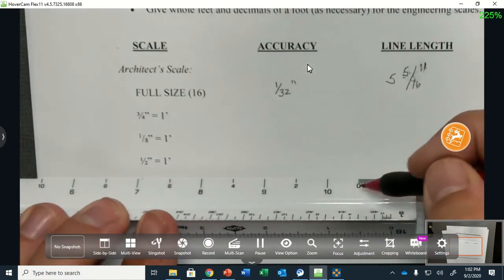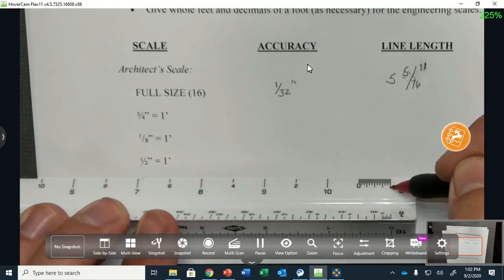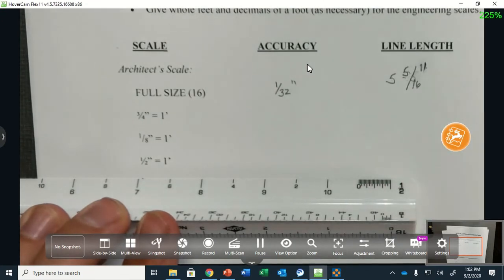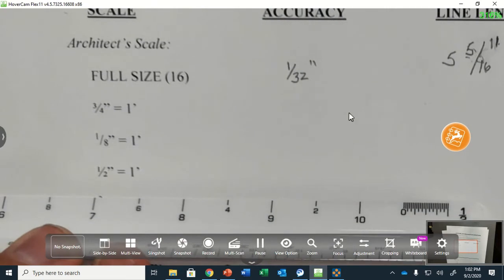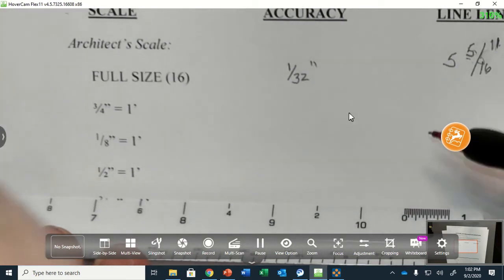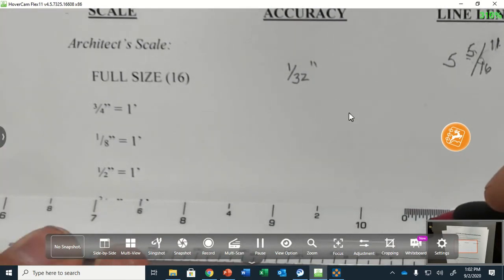From here to here, I know there's 12 inches. So halfway between is what? Right there, is that 6? That's 3, that's 0. So 1, 2, 3. Each of these bigger marks is 1 inch.